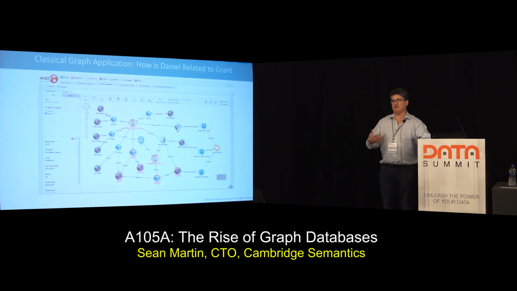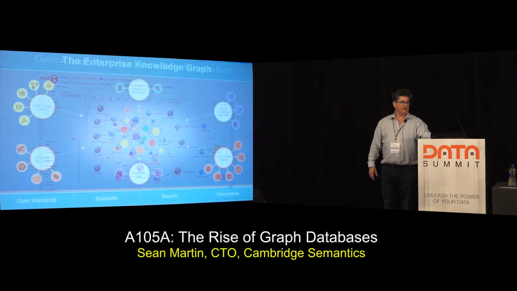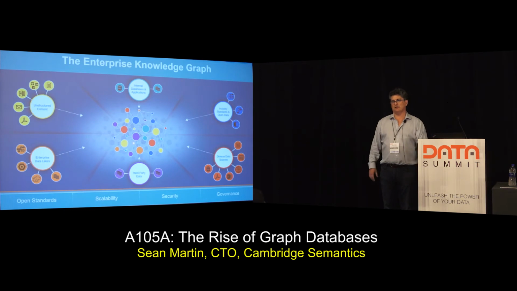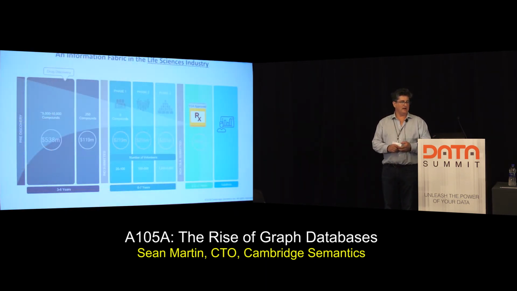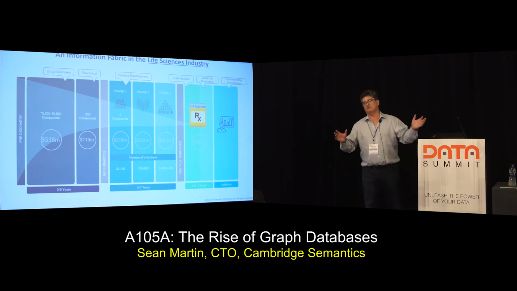But where we're finding traction in our business is building massive scale knowledge graphs. I used this slide a bit earlier, but we are doing things that allow our customers to accelerate entire pipelines that involve hundreds of applications and data movement and transfer between hundreds of applications.